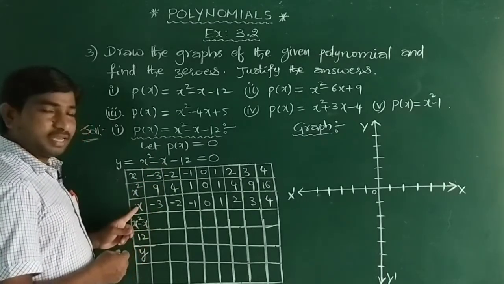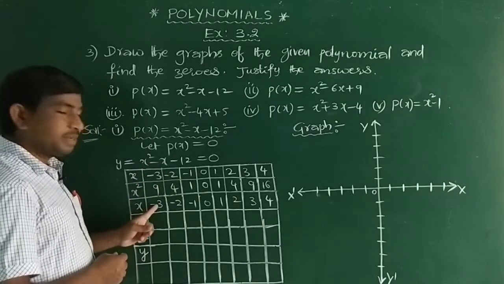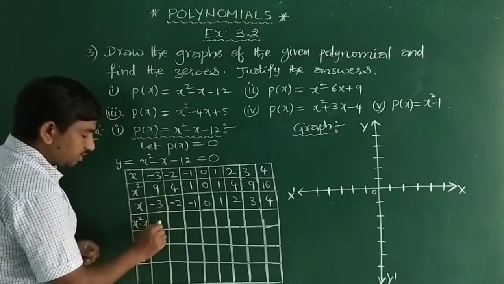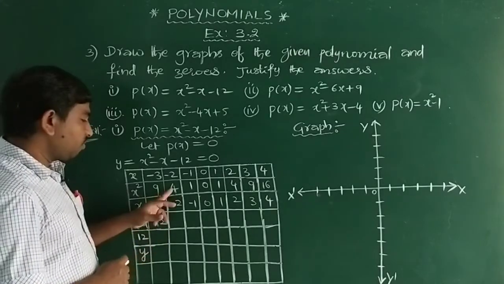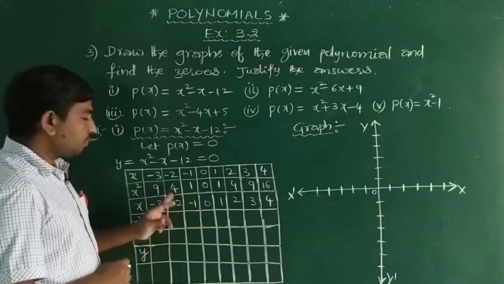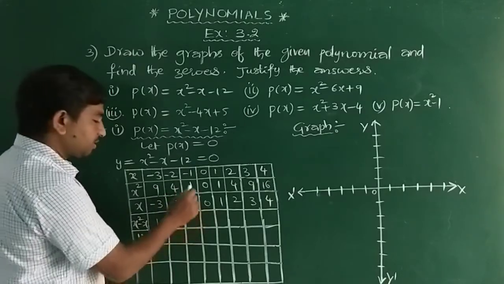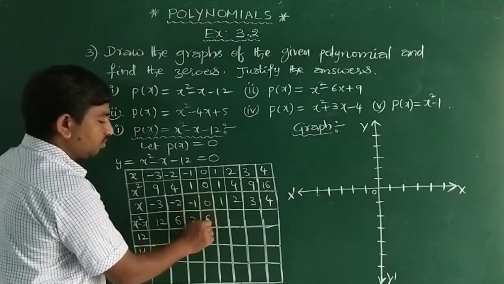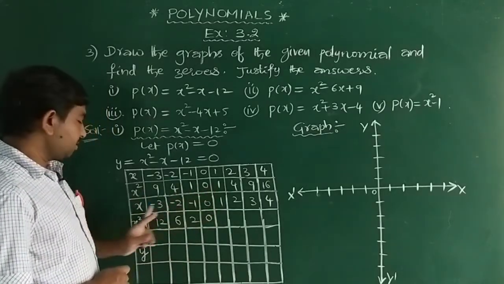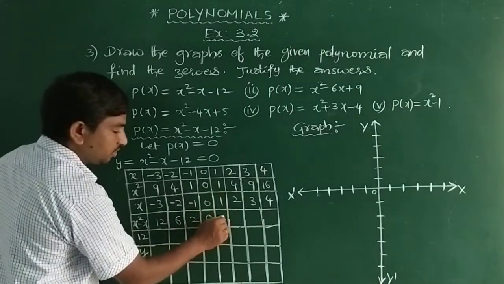The x value here, x square means 9, minus x means minus of minus 3, plus 3, so 12. Now 4 minus x means 4 minus of minus 2, plus 2, 4 plus 2 is 6, and 1 minus of minus 1, plus 1, is equal to 2. So this is 0 and 1. See here, the x square value is 1, minus x, 1 minus 1 is equal to 0 here.